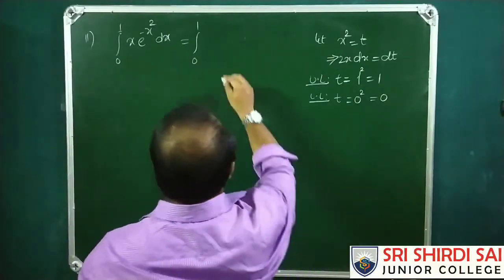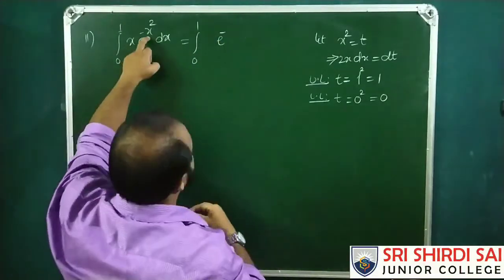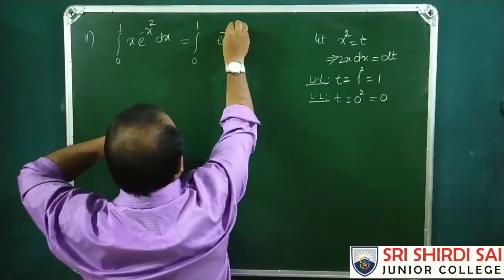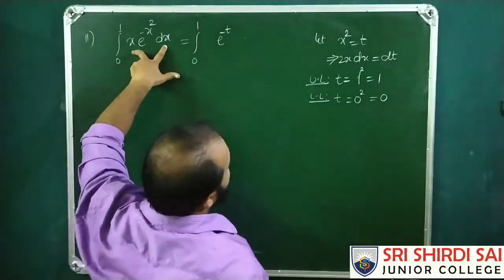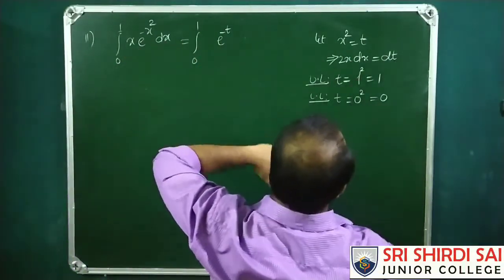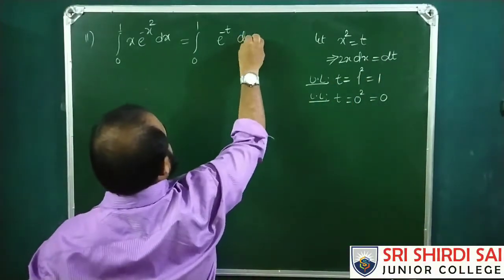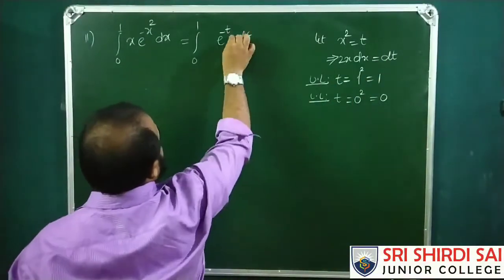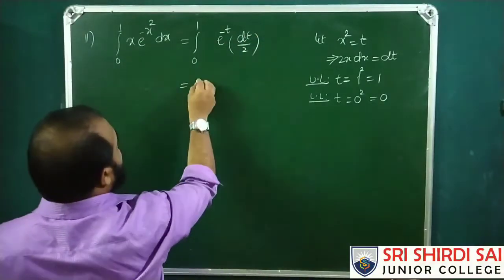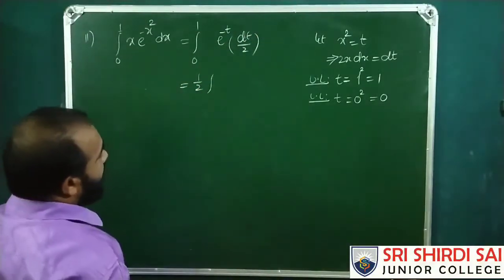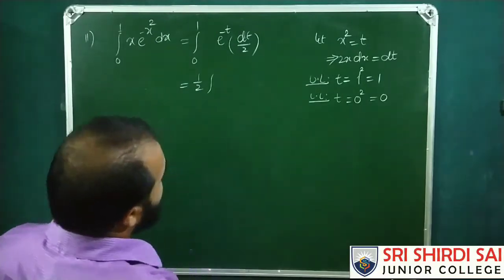So e power minus x square is e power minus t. x dx: 2x dx is dt, so x dx is dt by 2. So 1 by 2 I am separating from the process of integration.